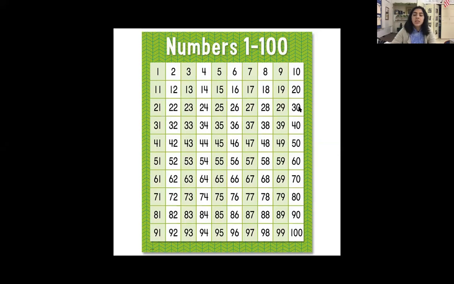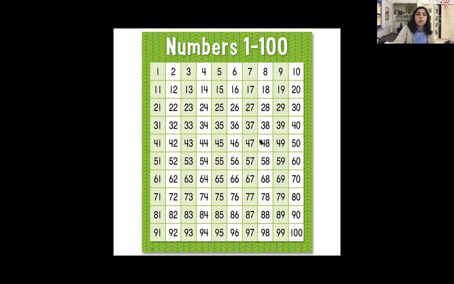Now point to the number that's 10 more than 30. You're right, it's 40. Now point to the number that is 10 more than 40. That's 50. And point to the number that is 10 more than 70. That's 80.